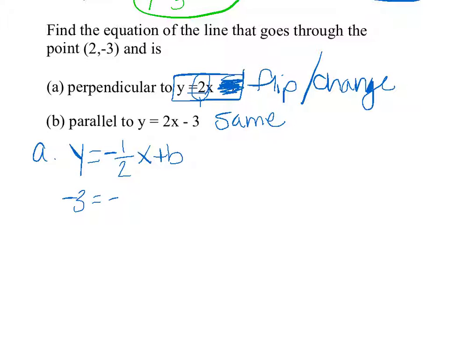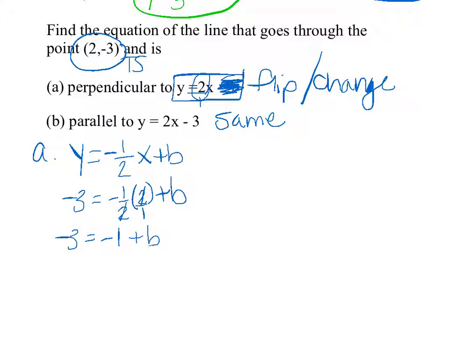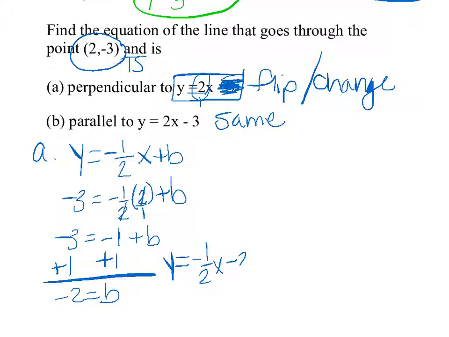Negative 3 equals negative 1/2 times x, which is 2, plus b. And write my temporary solution up here. Negative 3 equals, this is 2 over 1, the 2's cancel, negative 1 plus b. Add 1 to both sides, negative 2 equals b. So my equation is y equals, remember my new slope was negative 1/2, x minus 2.